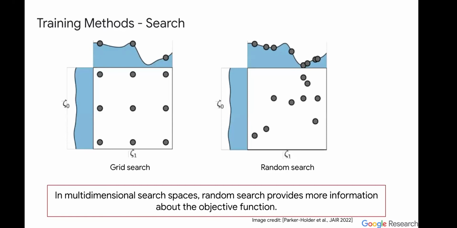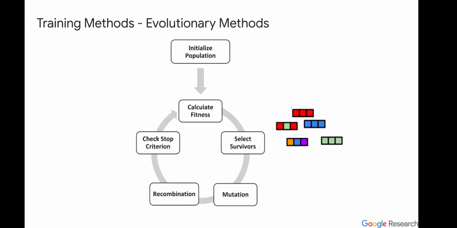The reason I'm saying this is that in stable baselines and many packages, the default is grid search. You're wasting computational resources.